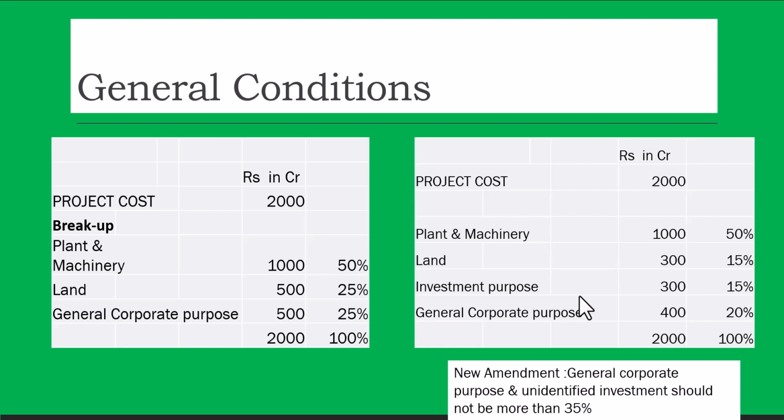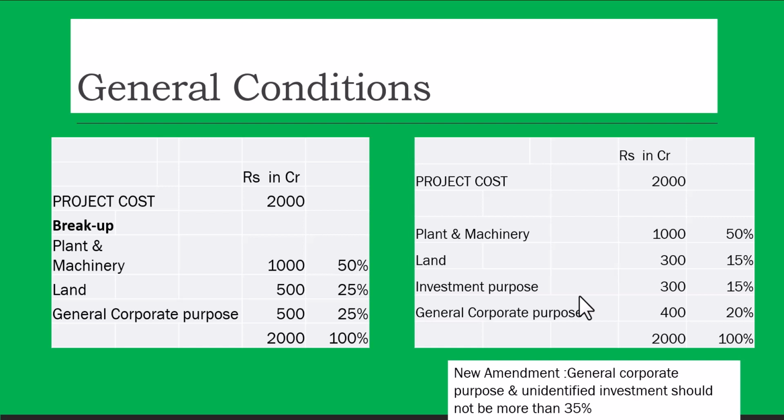The first was 25%, but if they mention some investment purpose, the combined investment purpose and general corporate purpose should not be more than 35%. If you look at this, the company is meeting the requirement. Investment purpose is 15% and general corporate purpose is 20%. So even this is fine.